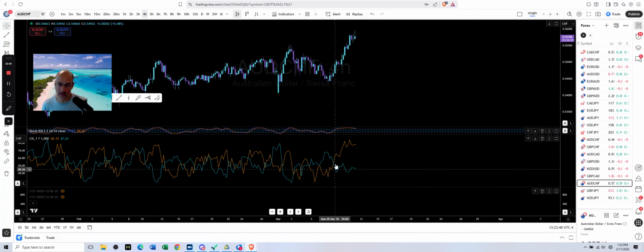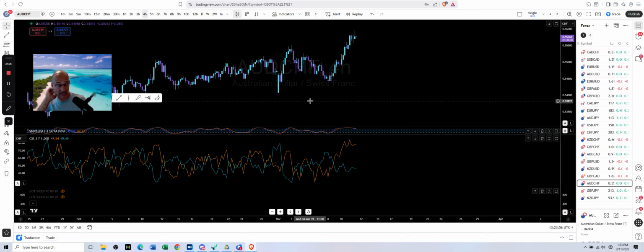I'm looking for real obvious, strong diverging currencies where one slices through the other, or if they at least come together and then kind of repel off of each other, those are good trades too. And then looking at the price action to make sure that it confirms that, and also looking at higher time frames and maybe taking a peek at my currency futures to see if they're also confirming what I'm seeing in the spot market.